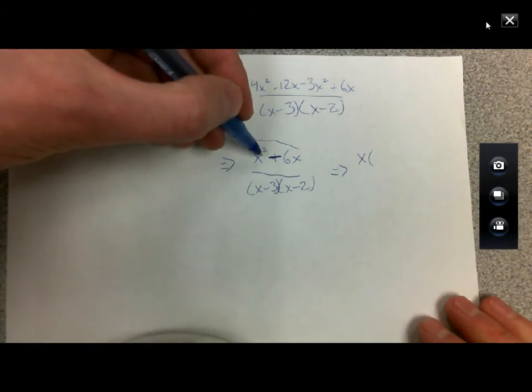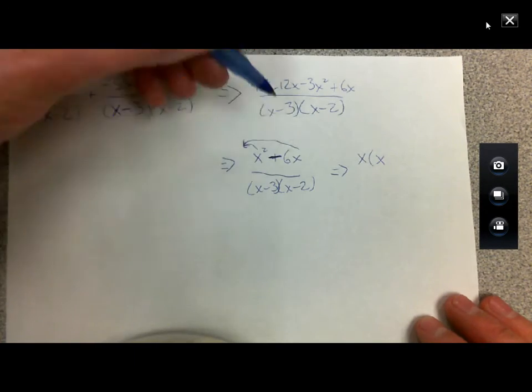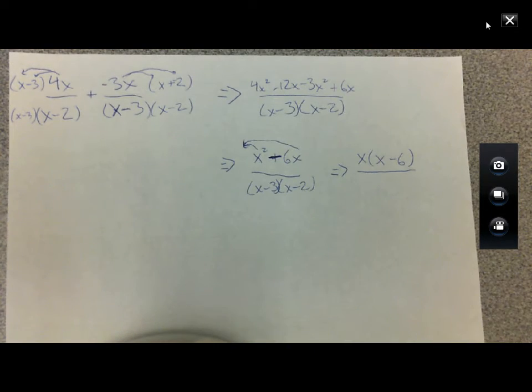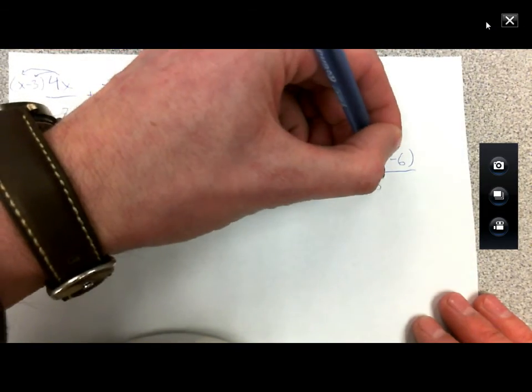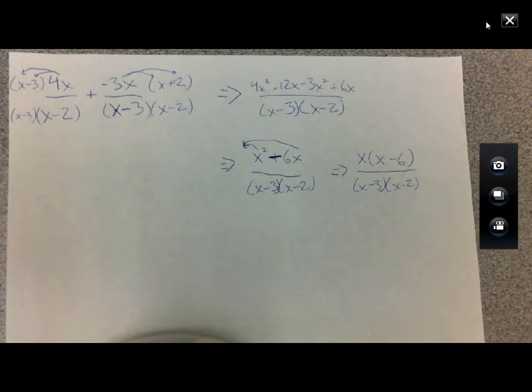So x squared divided by x is x, and 6x divided by x would just be 6. And so I'm undistributing. I'm factoring an x out of both of those. And I've got x minus 3 and x minus 2. And sadly, nothing cancels. There's no factors that can cancel away here.